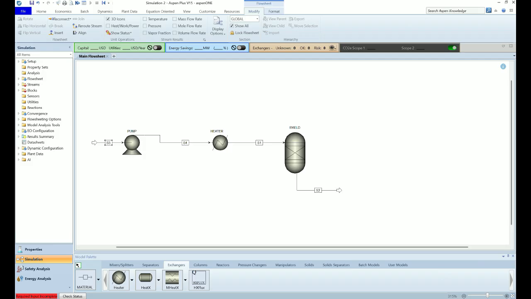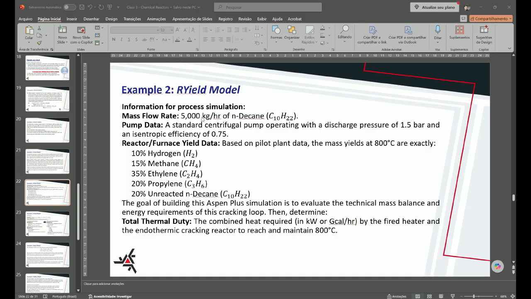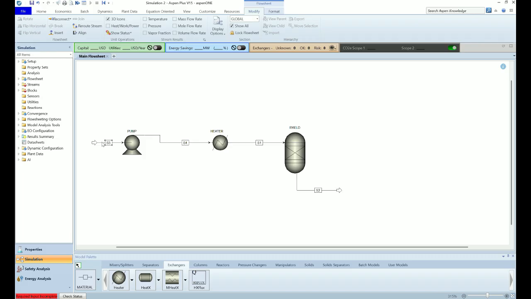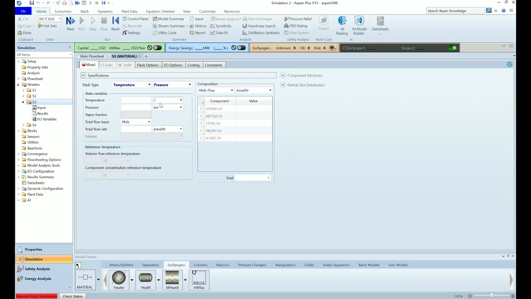Let's check our conditions for configuring our simulation. We have here the basis, mass basis, with a mass flow rate equal to 5,000 kilograms per hour of NDK, and let's consider ambient conditions for this process: 25 Celsius degrees, 1 bar. Let's consider our feed stream as mass basis 5,000 kilograms per hour.